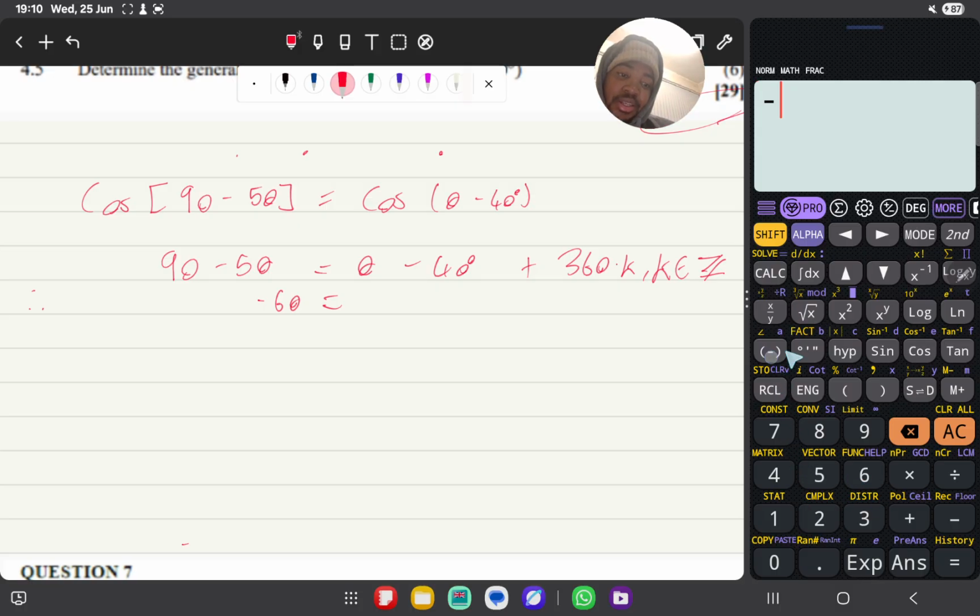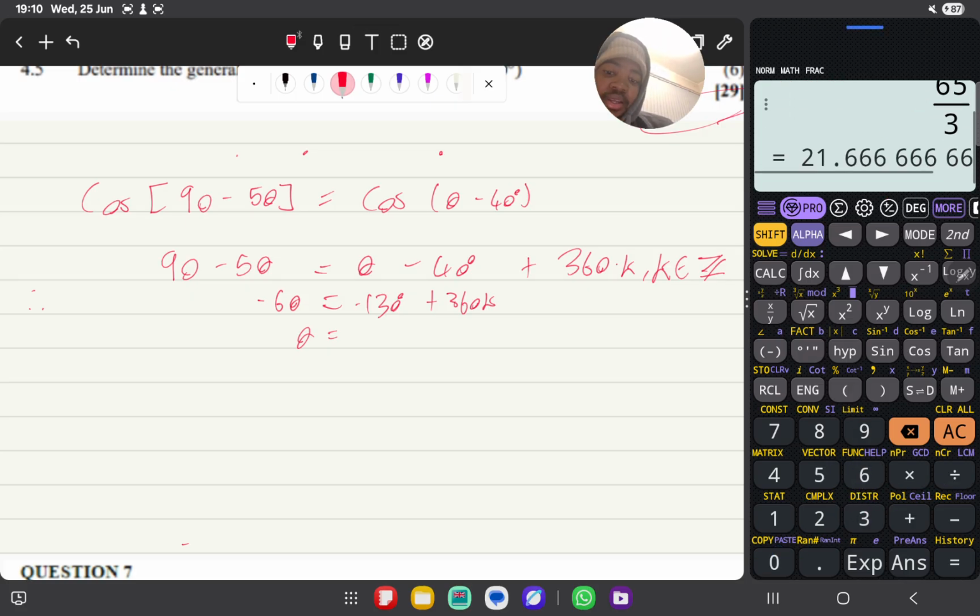So negative 40, negative 90, negative 130, plus 360k. Then I divide by 6. I think we're going to get negative 21.67 degrees plus 60 times k, right?